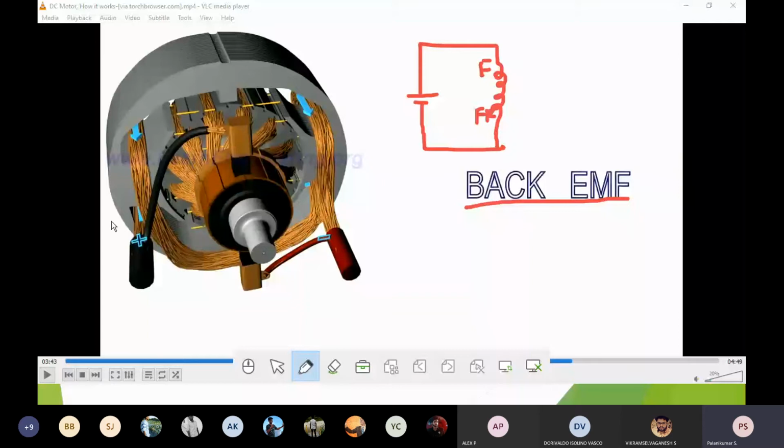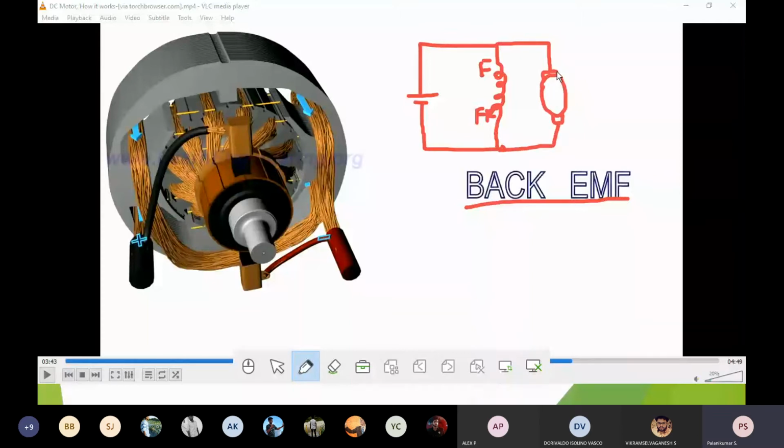The same terminal I connect to the armature coil also. This is a carbon brush, and another carbon brush. This is a schematic representation of the carbon brushes.